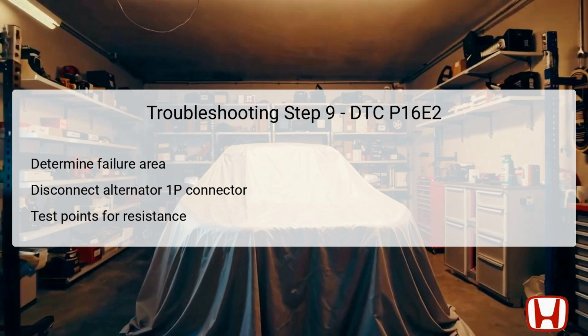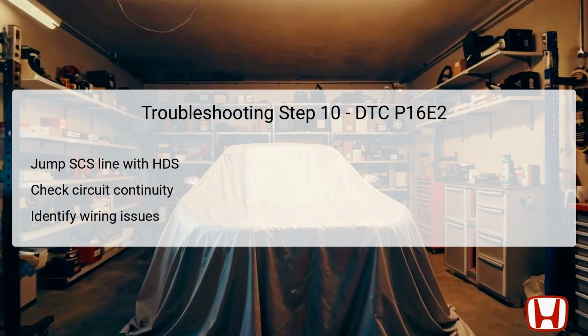A proper reading of 1 megaohm or more indicates that the wiring integrity is maintained. Should the reading be lower, further investigation is needed into potential short circuits or damaged wires within the LIN communication network. Once again, jump the SCS line with the HDS and allow time for the reset process.